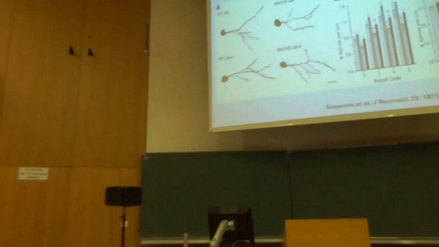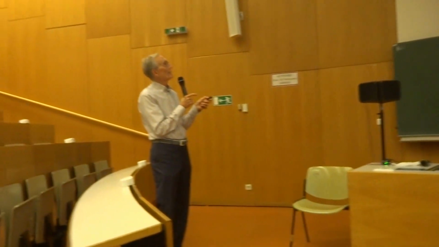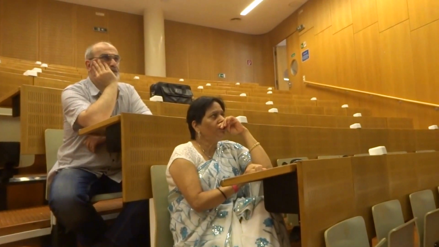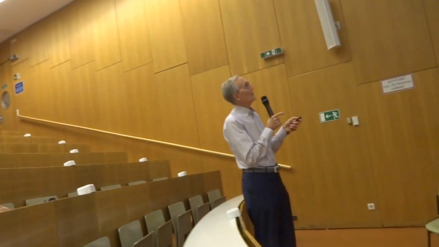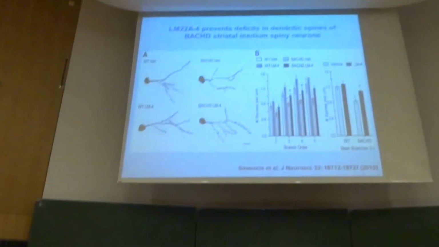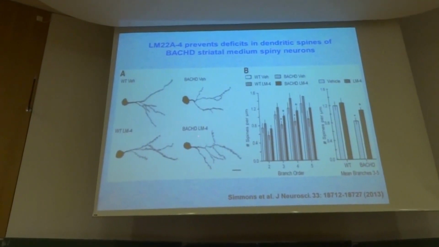So these authors took this mimetic and applied it to these animals. If you look at the medium spiny neurons in the striatum, which are those affected in Huntington's disease, these spines on dendrites don't mature very well. This is wild type, this is the mutant. When they gave this mimetic of the TrkB, they had good preservation of these spines on the dendrites.